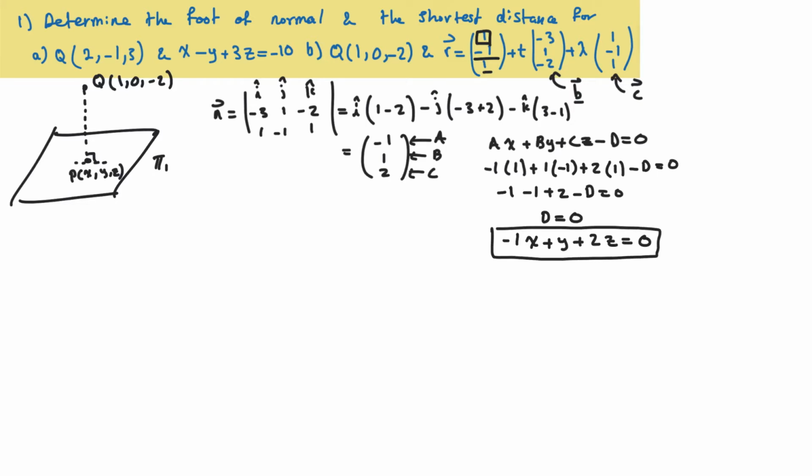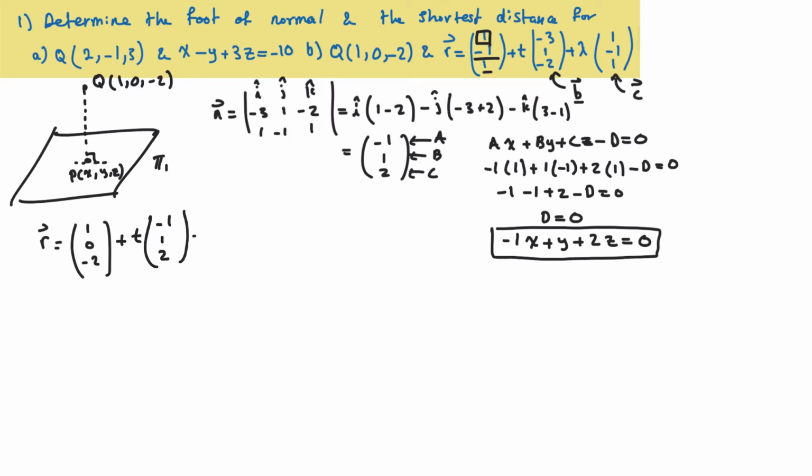Now going back for the equation of the line here that connects Q and P, this equation will have a point (1, 0, -2) that's coming from the point Q over here, and it's got a direction vector which is normal to the plane. That's this one over here. So I'm going to use parameter t and components -1, 1, and 2.